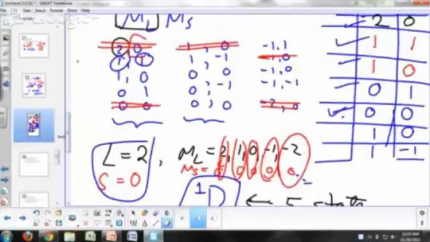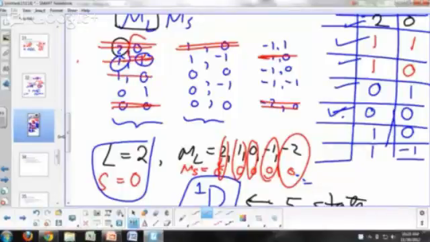Okay, 1, 1. 1, 0. Where's 1, 0? Right there. 1, -1. Okay, and that takes care of 3. That's for M sub L equals 1. Let's do M sub L equals 0.